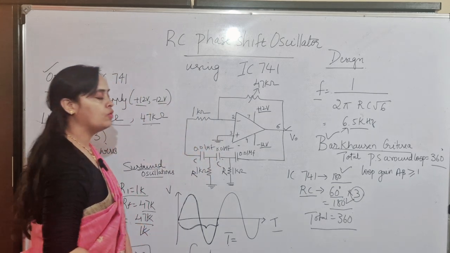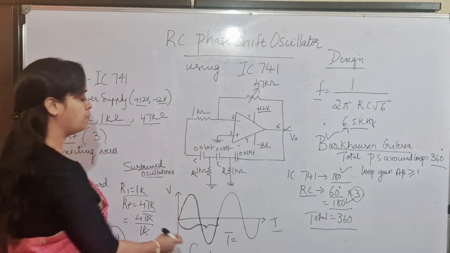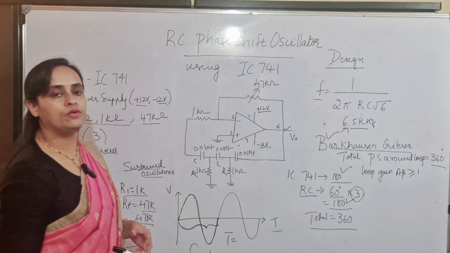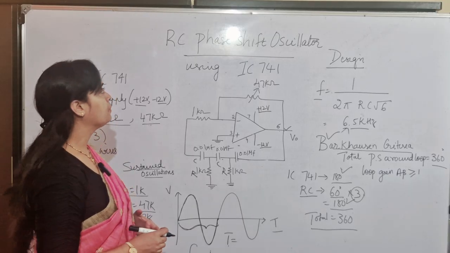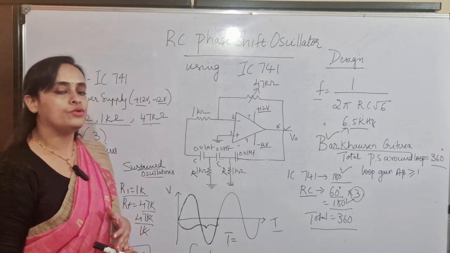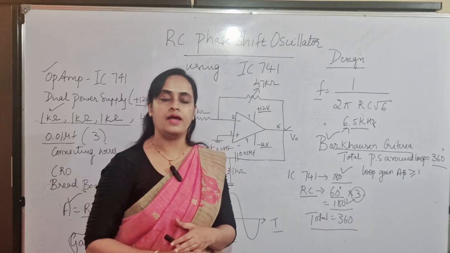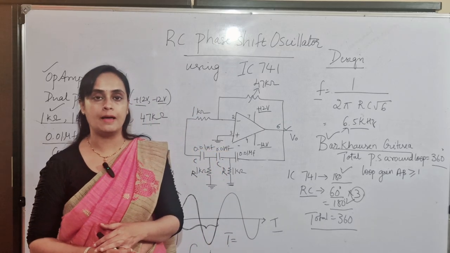So this is how the theoretical design should match the practically obtained waveform's frequency. So this is how to design an RC phase shift oscillator and learn it from an exam perspective.